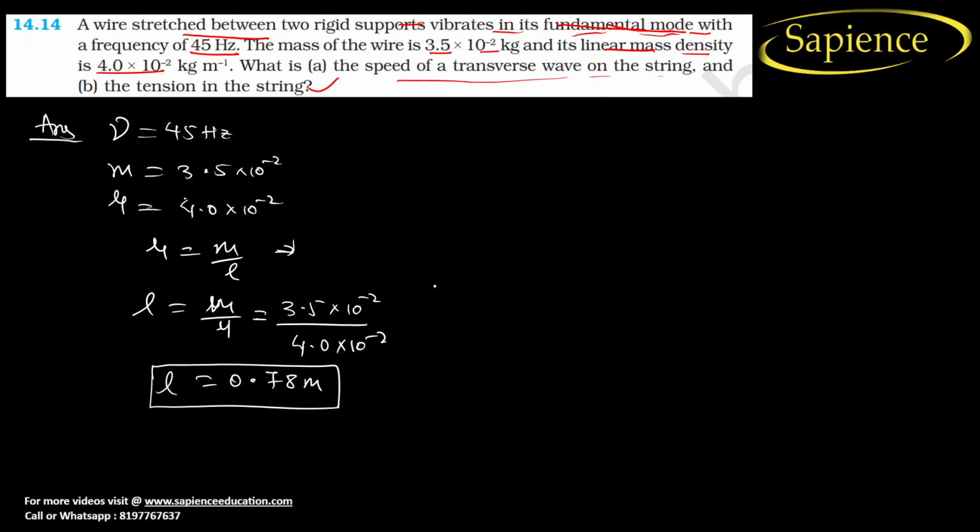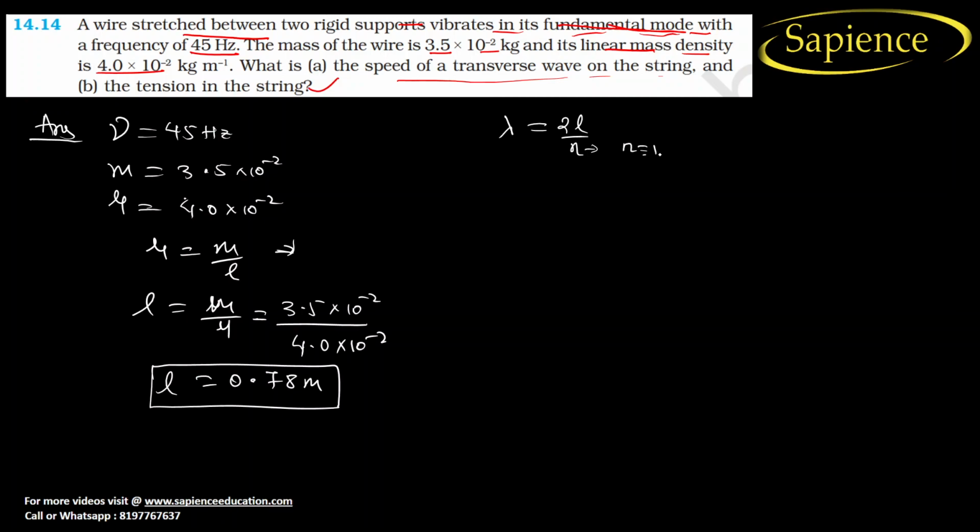Okay. Now our target is the speed of the transverse wave, right? Before that we need to find lambda. We know that lambda is equal to 2L by n, where n is the mode.